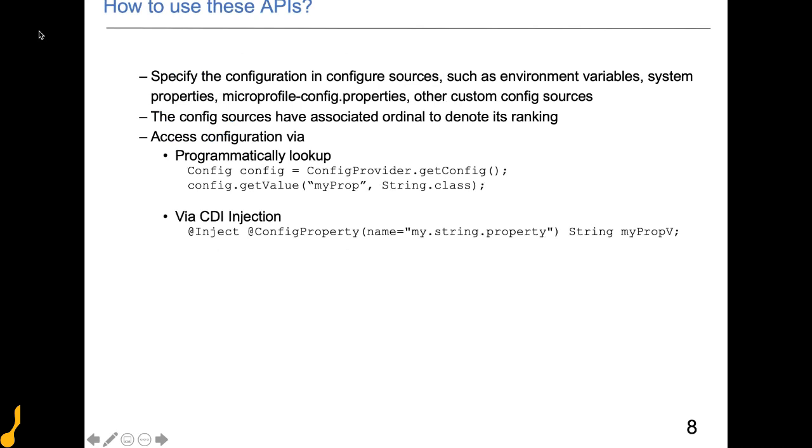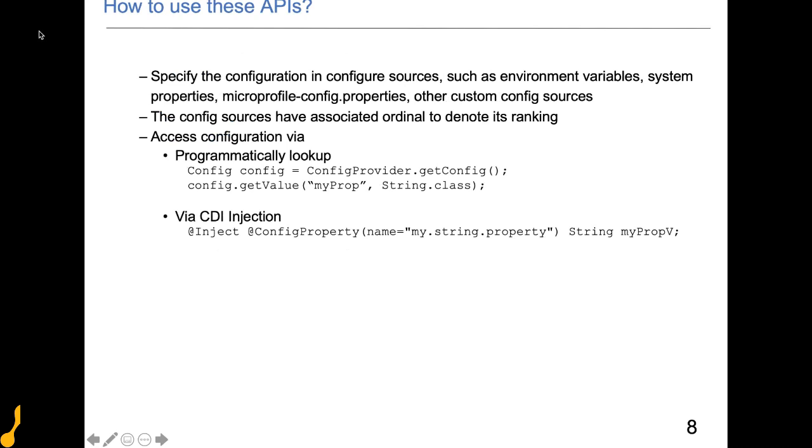This is especially important for custom config sources. If you want to override some properties, you need to give the config source a suitable ranking, a suitable ordinal.